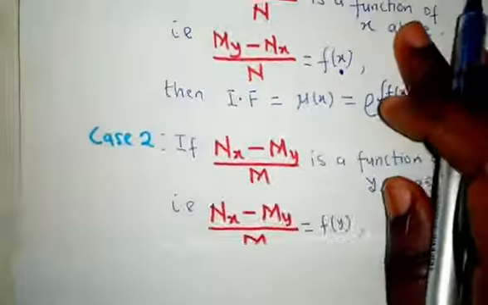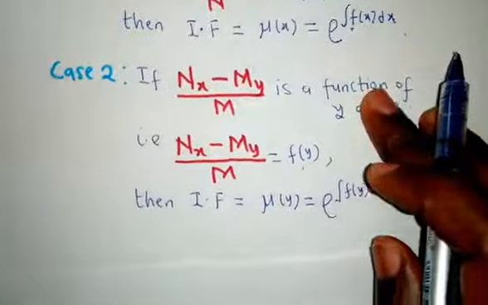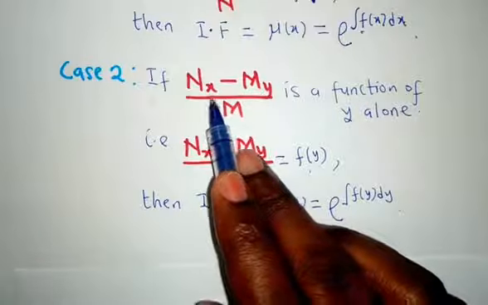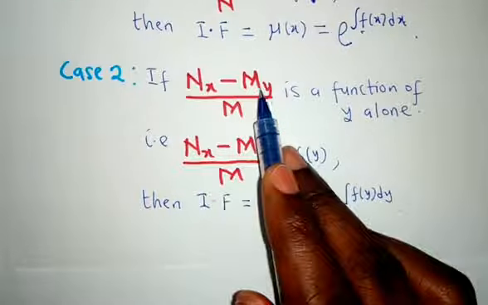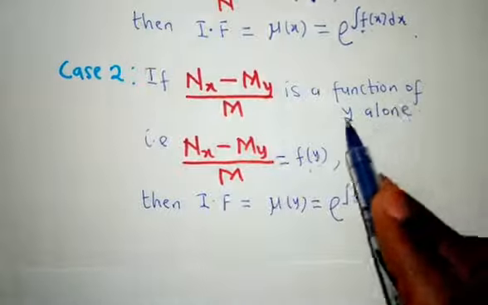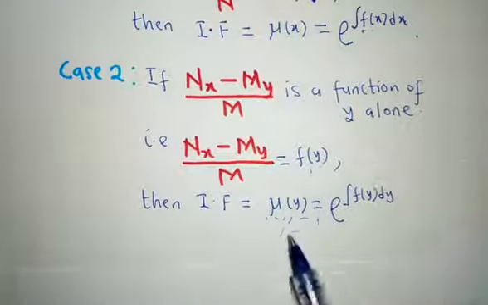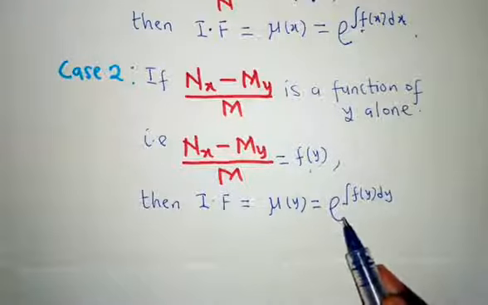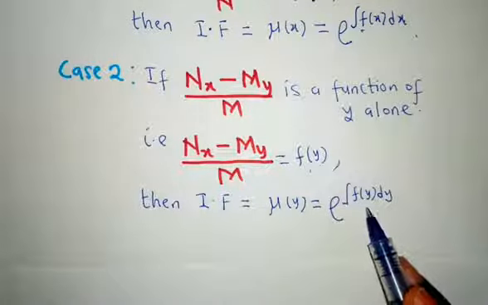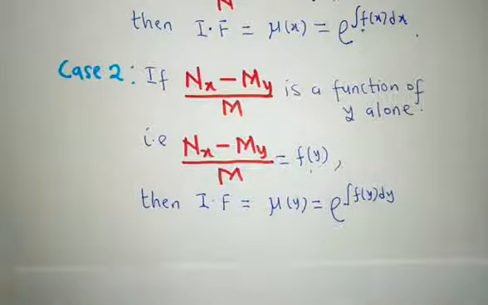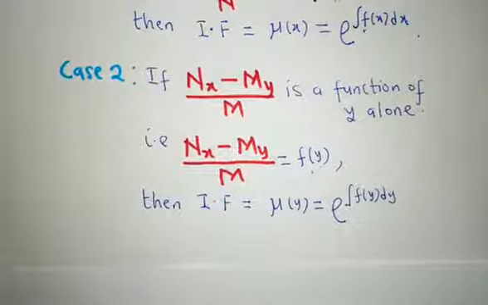And then the second case states that if partial N with respect to x minus partial M with respect to y, over M, is a function of y alone, then the integrating factor mu of y equals the exponential of the integral of f of y dy. So we'll look at an example to illustrate these cases.